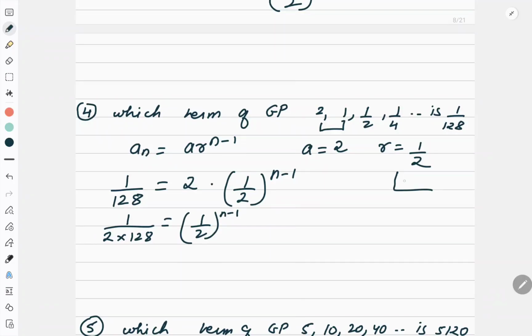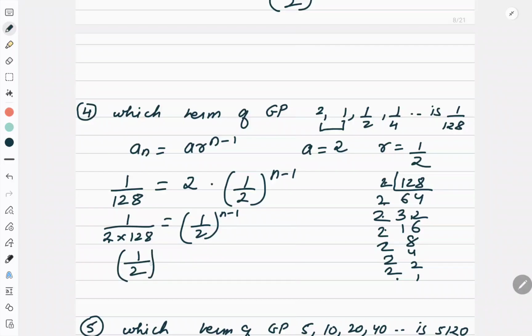Now let me factorize 128. So 2 6s are 4, 2 3s are 2, 2 1s are 6. 2 8s are 2, 4s are 2, 2s are 2, 1s are 1, 2, 3, 4, 5, 6, 7 and this is 8. So I got 1 upon 2 to the power 8 is equal to 1 by 2 to the power n minus 1. And we know the rule of exponents.